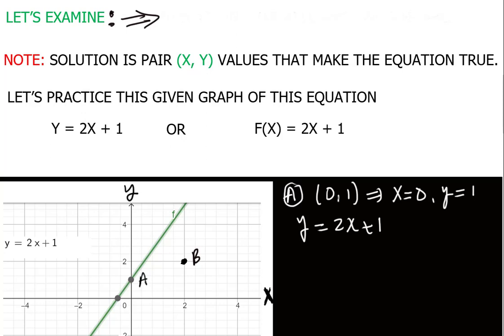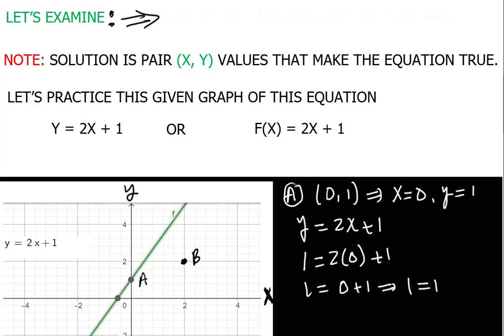So the y value is 1. So 1 will be equal to 2 times 0 plus 1. 2 times 0 is 0, then plus 1, which indicates 1 is equal to 1.